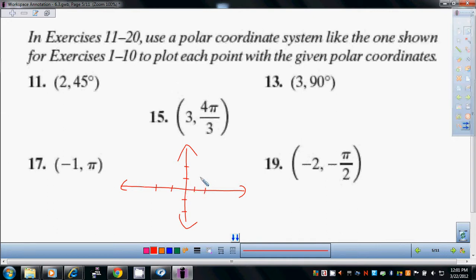So it's actually going to be here with a radius of 2 and an angle of 45 degrees. So here's how I want you to do these later. Just draw one coordinate plane and then put, here is number 11. That's the point for number 11. You can just ballpark it. It's going to be at 2, but it's going to rotate, which is going to kind of move it.